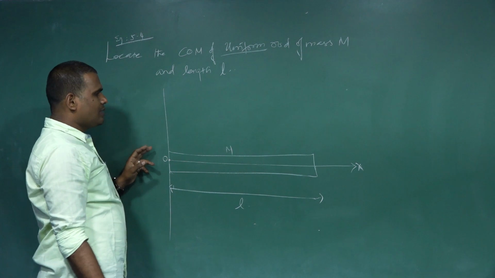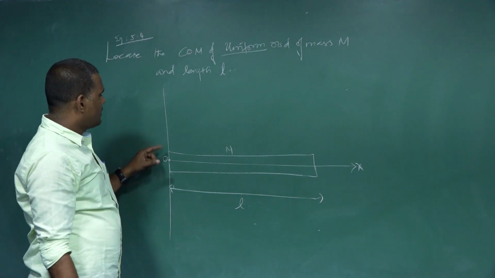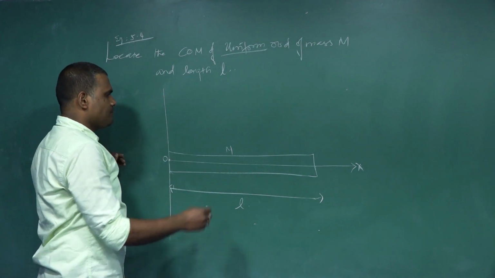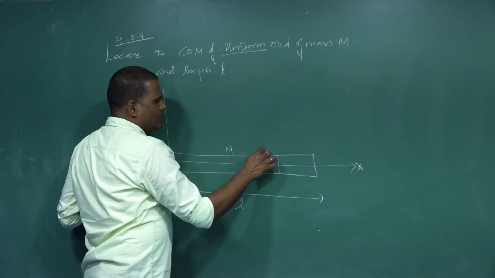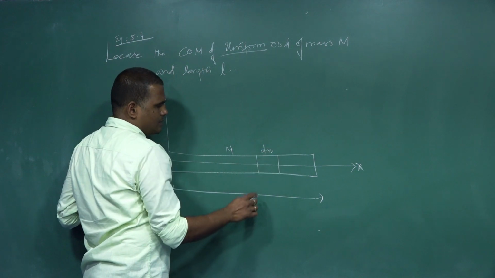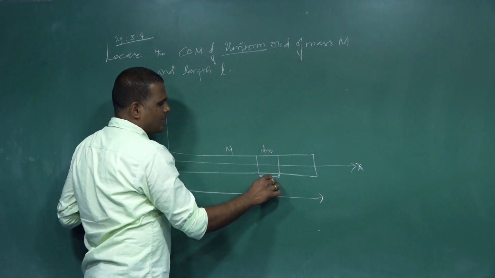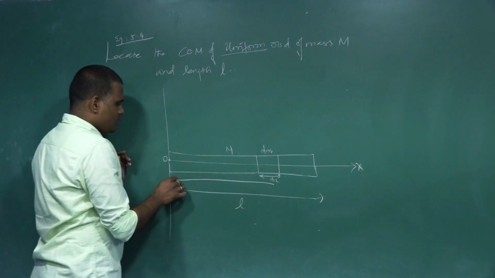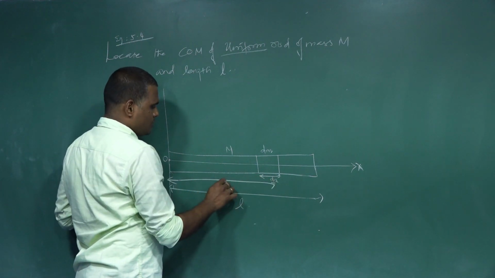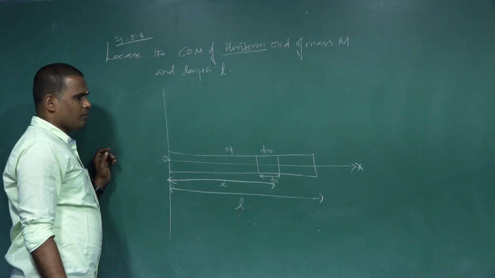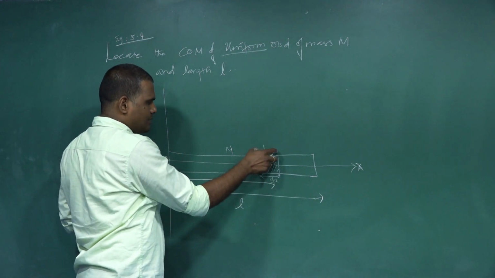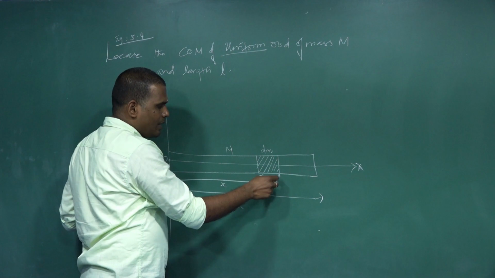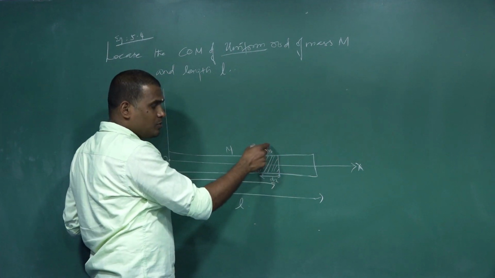In order to calculate the center of mass of the uniform rod, we are going to assume a small element of mass dm whose elemental length is dx, which is at a distance x from the origin. I am assuming a small element, elemental mass dm, an infinitesimally small element.